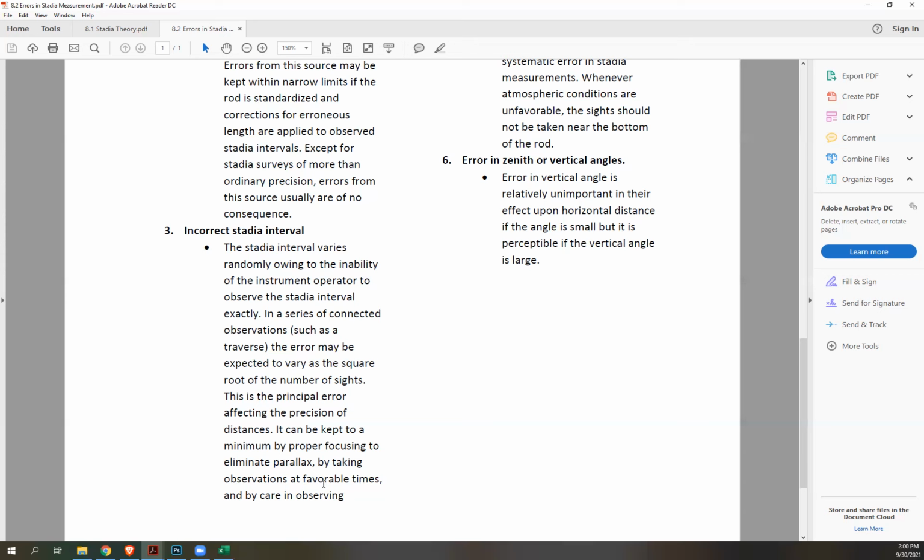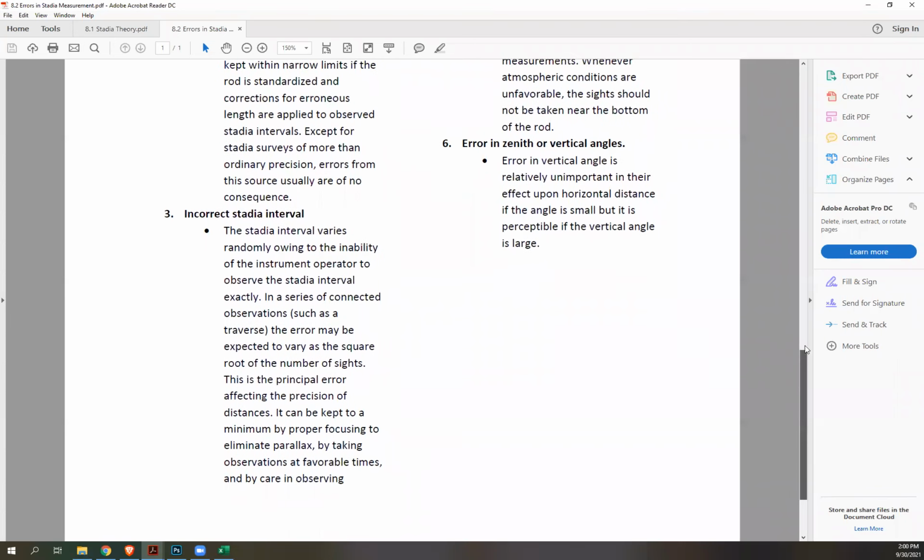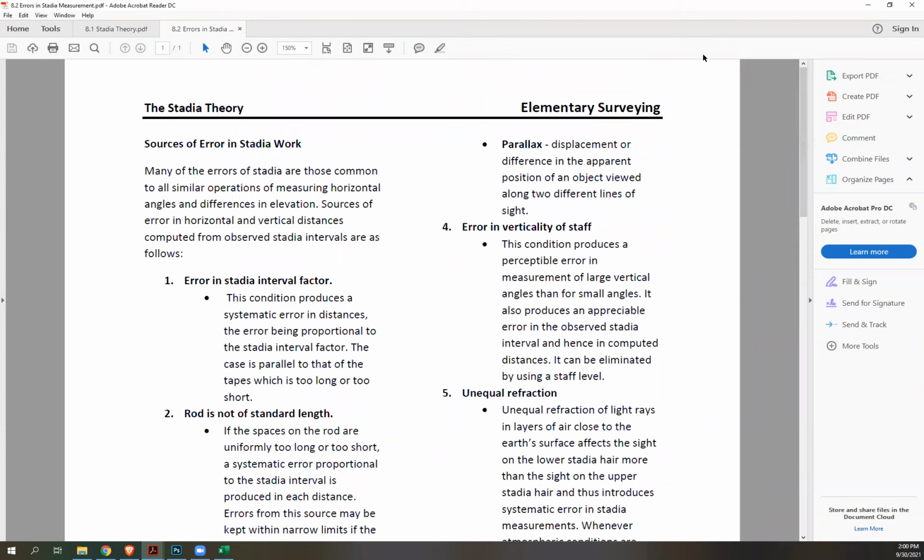Then take observations at favorable times. Make sure the weather isn't that windy so that your rod isn't swaying too much, which causes inaccurate readings. And of course, rain also affects our line of sights. And you have to take care in observing and not rush it. Parallax is displacement or difference in the apparent position of an object viewed along two different lines of sight.